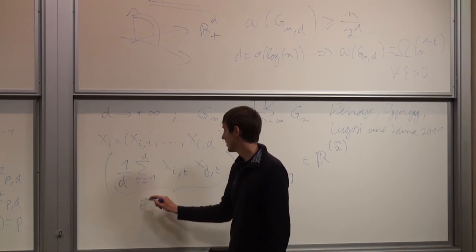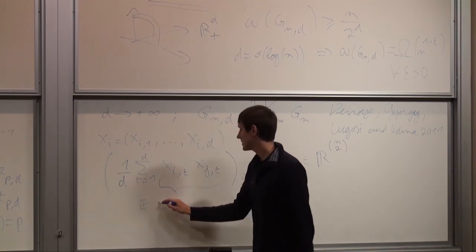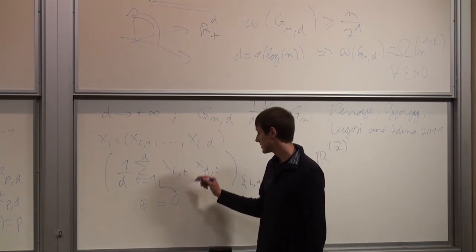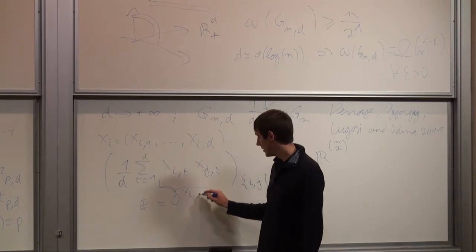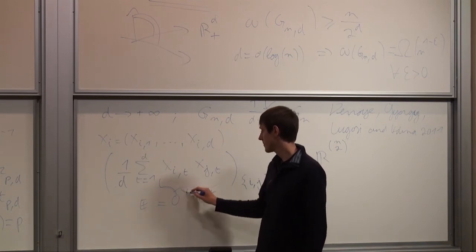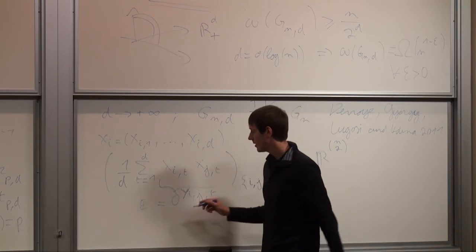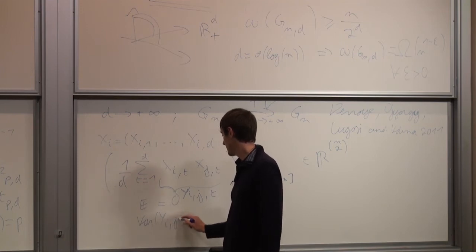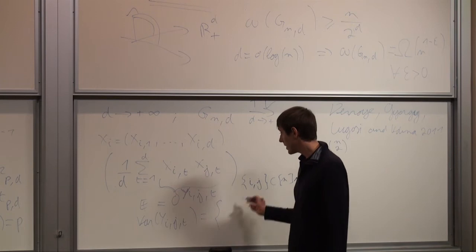Let's look at every element, and call it y_ijt. The expectation of y_ijt is 0. The variance of y_ijt is 1.